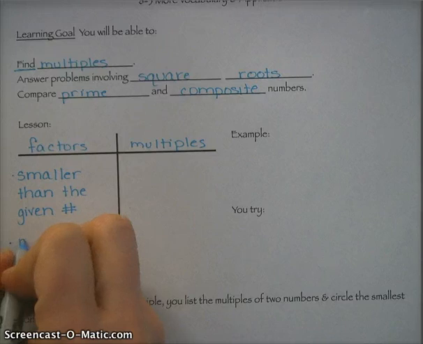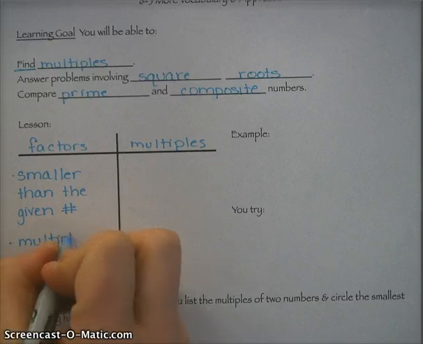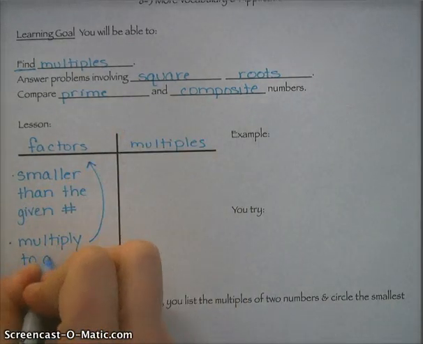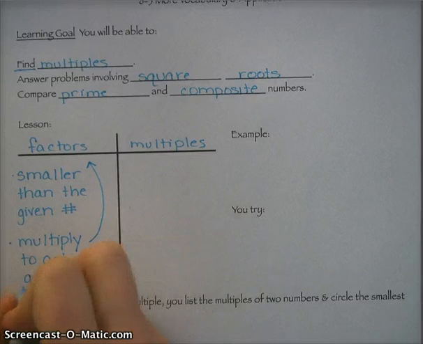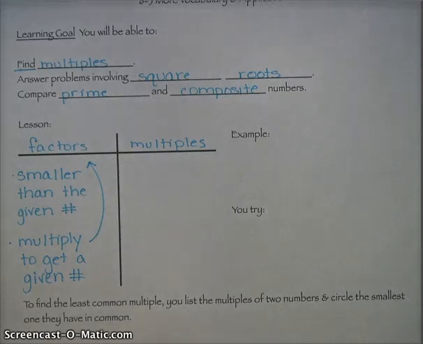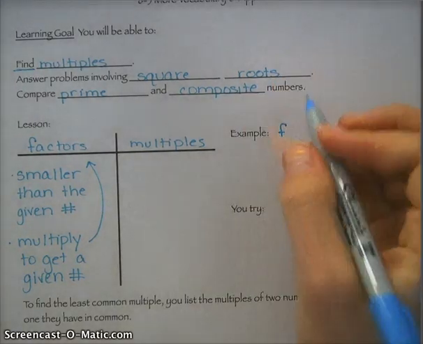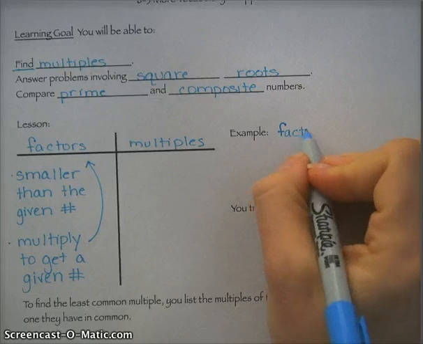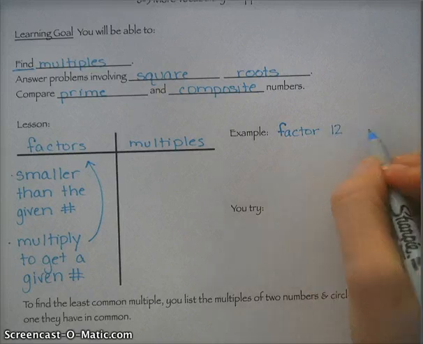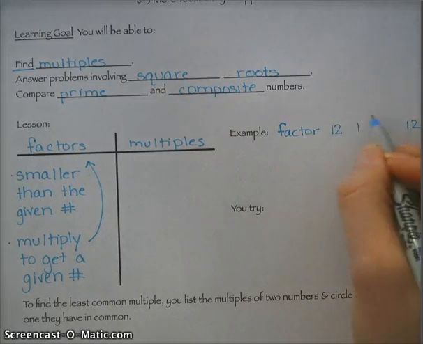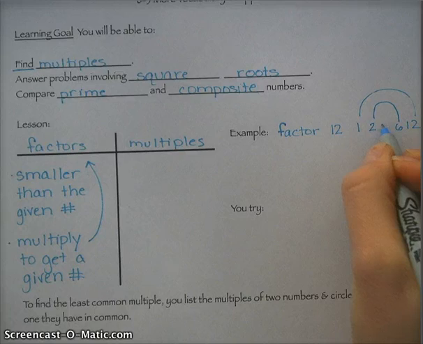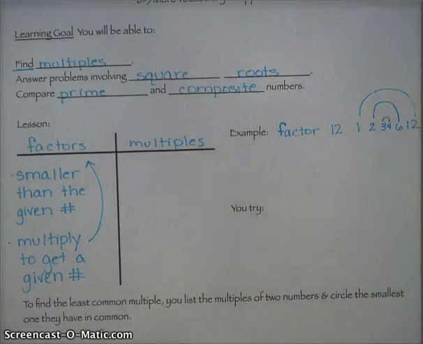So for example, the factors of, let's say, 12 would be 1 and 12, 2 and 6, 3 and 4. So those are the factors.